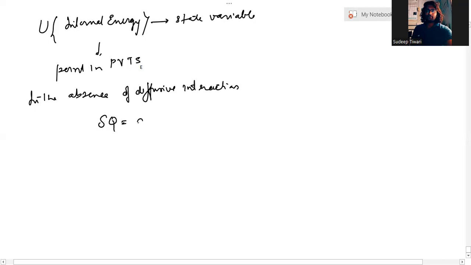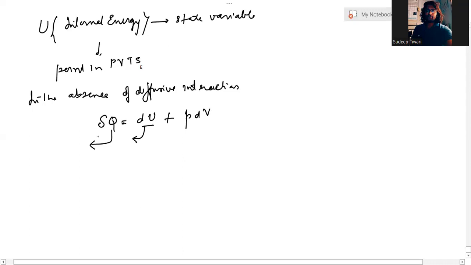first law of thermodynamics, that is, the heat added to the system can be represented as the sum of the change in the internal energy plus PdV. And this heat can be given to a system in an isobaric way, that is, at a constant pressure. And it can also be given at a constant volume.